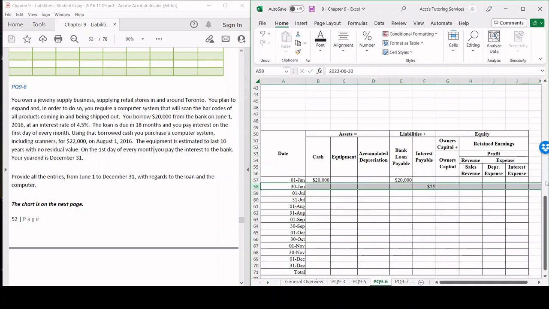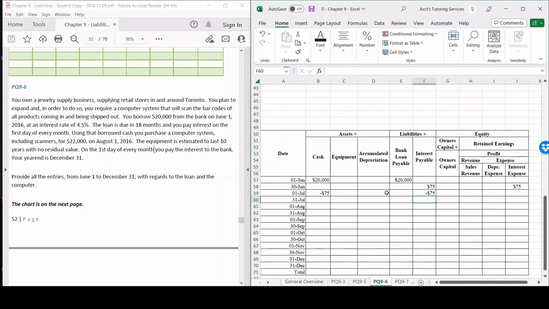By the same token, we're going to increase interest expense by $75 per month. The very next day is when we pay it out. So we decrease cash by $75, and then we decrease interest payable by $75 because now we're fulfilling that obligation.